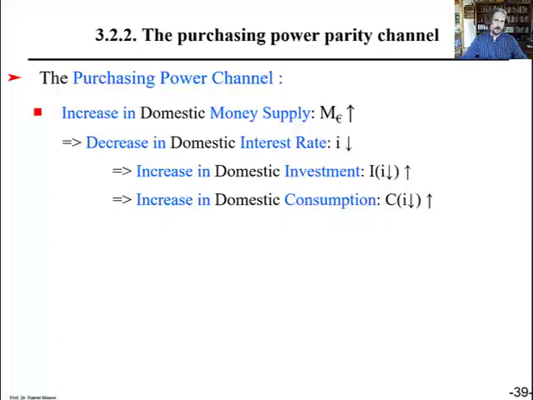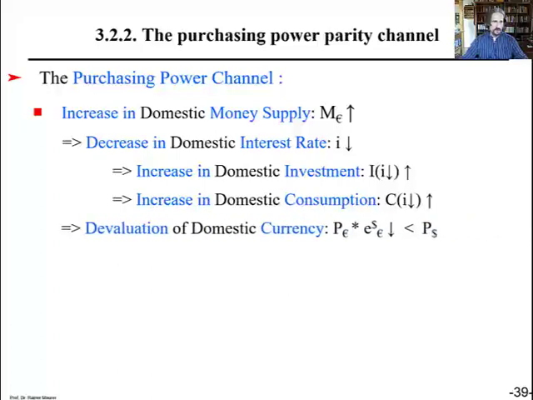Now, we know from our discussion of the interest parity channel that a reduction in the domestic interest rate causes a depreciation of the domestic currency. As a result, domestic prices paid in foreign currency are now lower than before. This means that the purchasing power parity relationship is disturbed in the first moment.